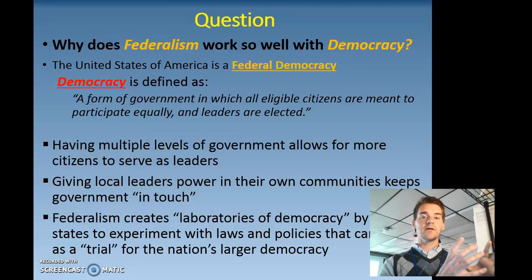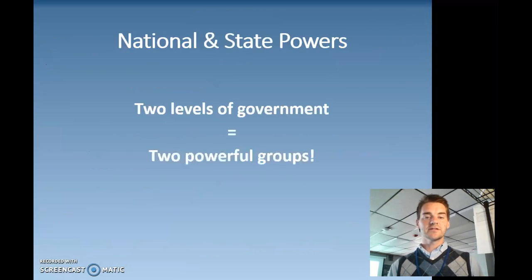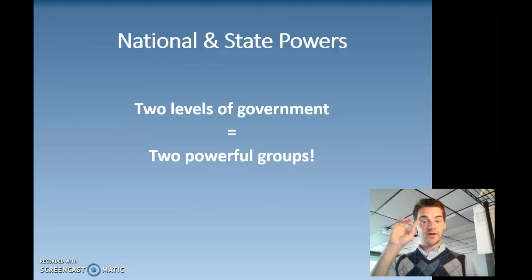But if they're going to do it, well, let's all watch and see what happens in Colorado over the next 5, 10, 15, 20 years. And if it leads to problems, then I'm glad it didn't happen here. But if it doesn't, well, then maybe that's something that other states are going to look at and start to consider how it could impact them and if they want to change their own policies. So there's lots of cool things about federalism that are positive.